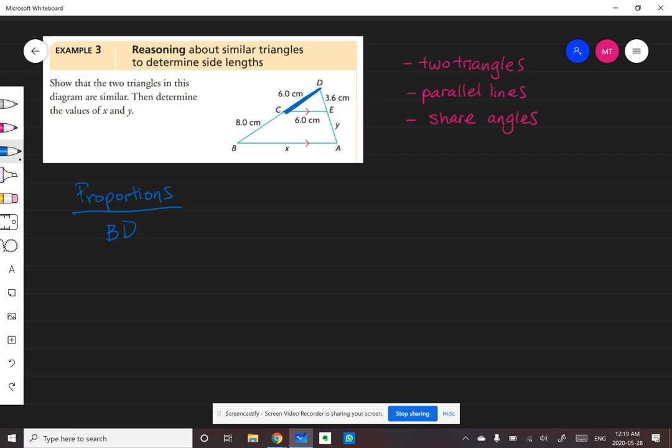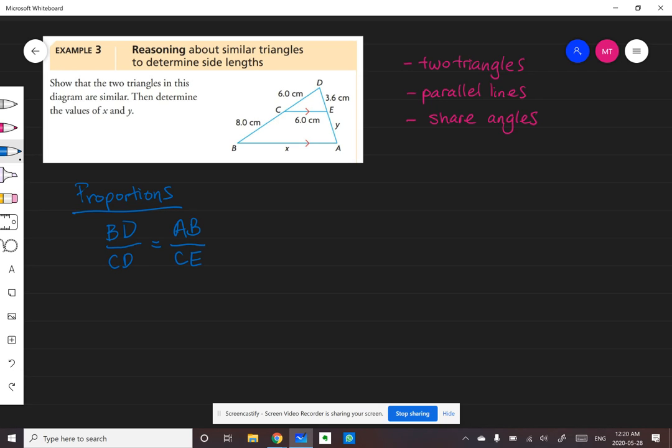So I could say, let's look at the relationship of those two. And then I could look at the proportion of, say, AB, that'll be here, and is that proportional to CE? CE. Okay. And as I've said before, it really doesn't matter what order you use. If you want to write EC, that's not a problem.